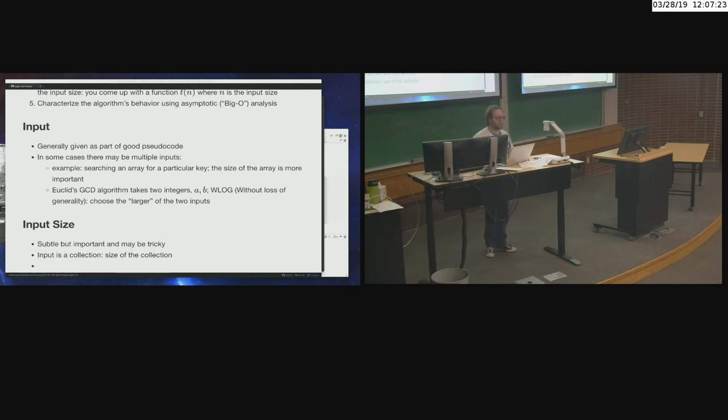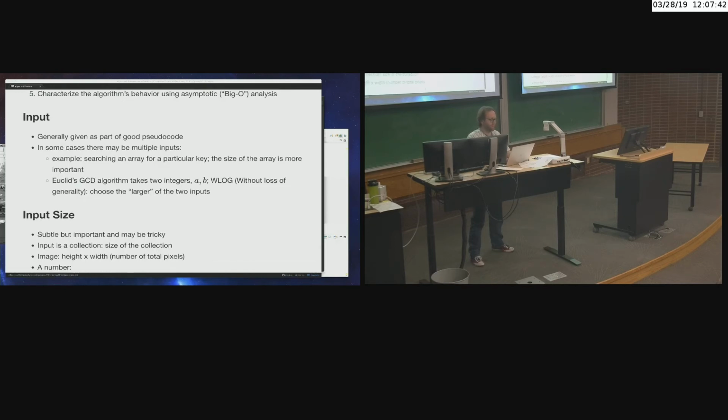So you could look at it from, say, an image. It's going to be the height times the width, so in other words, the number of total pixels. What if it's just a number? Say an integer x in, let's see if we can do this. Oh, hey, it works.